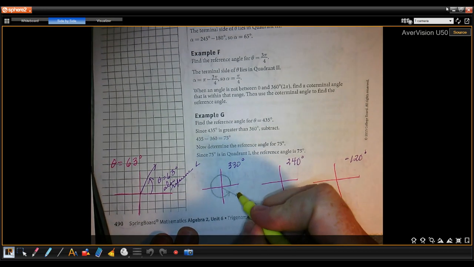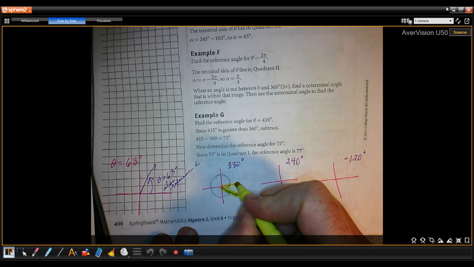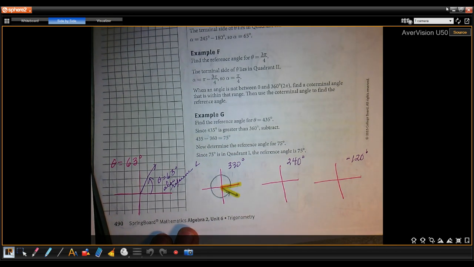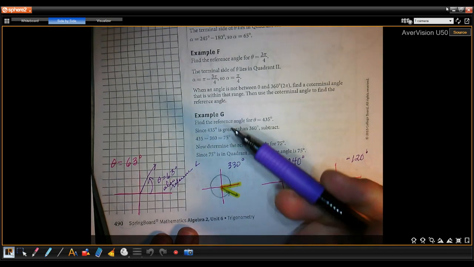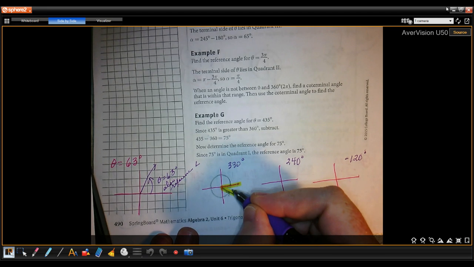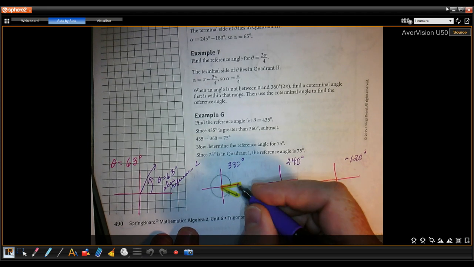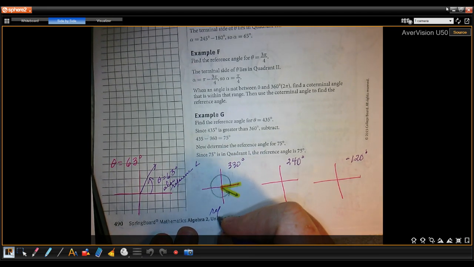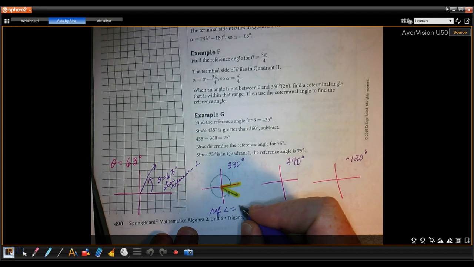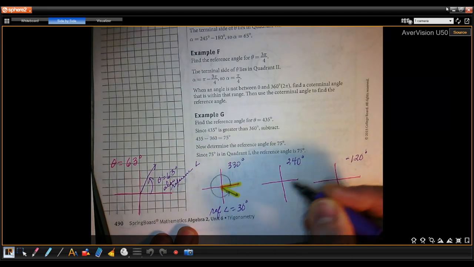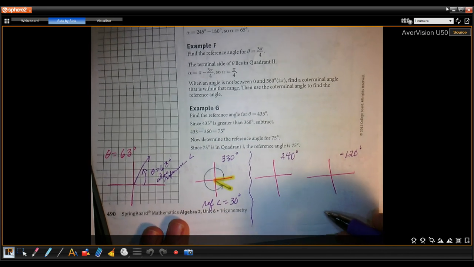Well, the reference angle is the terminal side and the positive x-axis, or just the x-axis actually. So 330, how far does it take you to get back to the x-axis? Well, that'd be 30 degrees. So the reference angle is 30 degrees.